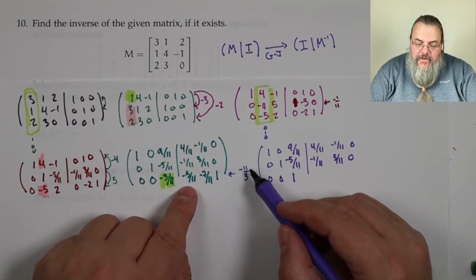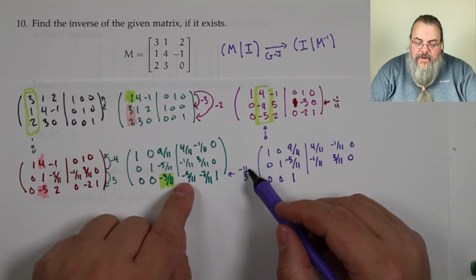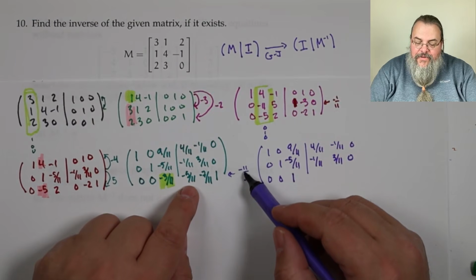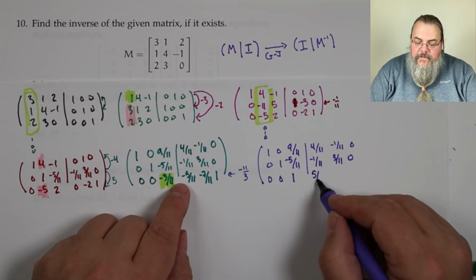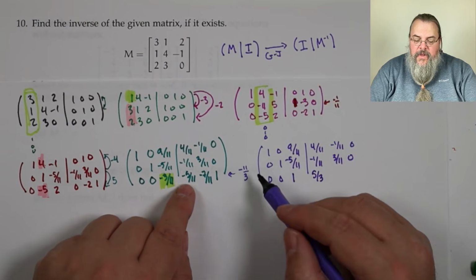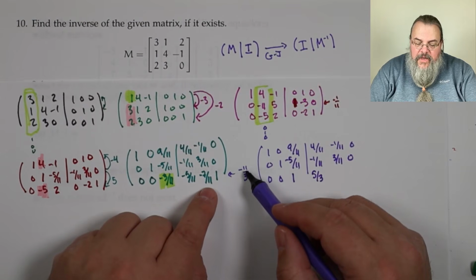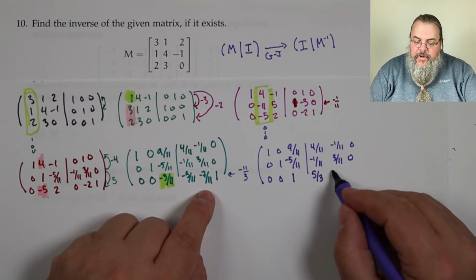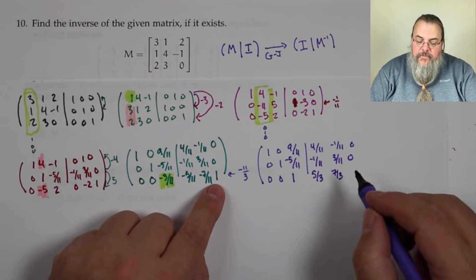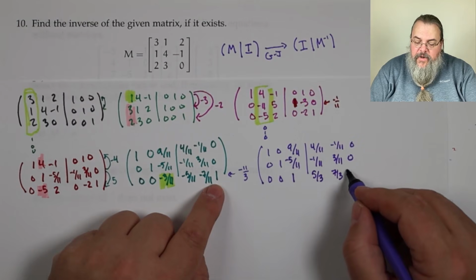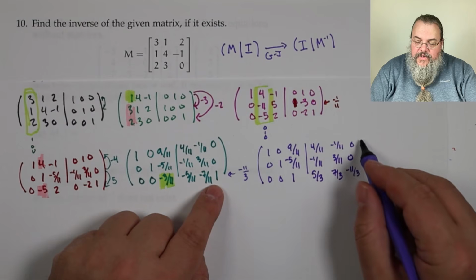Here, minus 11/3 times minus 5/11. The 11s cancel, the minuses cancel, so we're left with 5/3. The next term, the 11s cancel, the minuses cancel, we're left with 7/3. And then finally on our last term, 1 times minus 11 over 3 is minus 11/3.